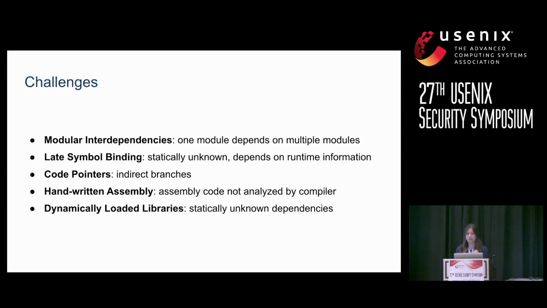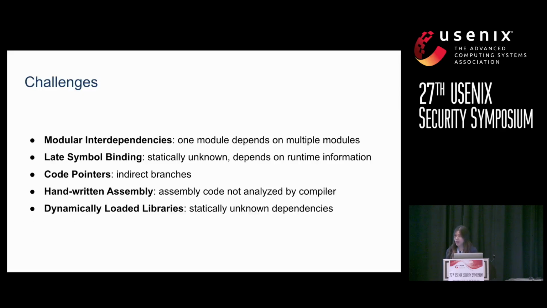And then you have statically unknown information, such as the symbol binding information, for a symbol name, which definition in the code module it will bind to, and statically unknown dependencies between the code modules from the use of code pointers and indirect branches, and handwritten assembly.